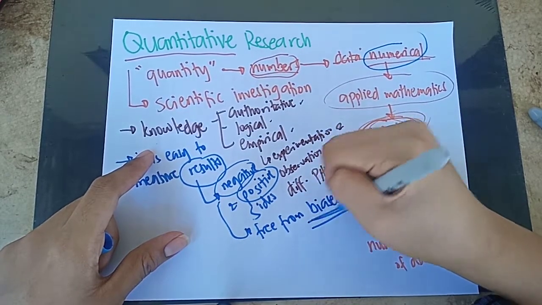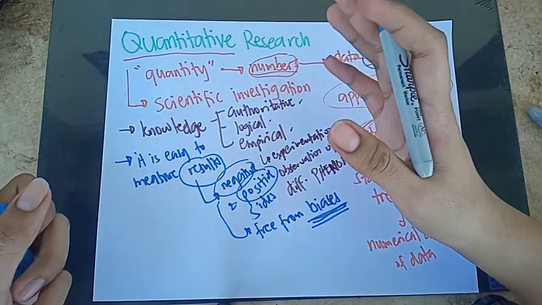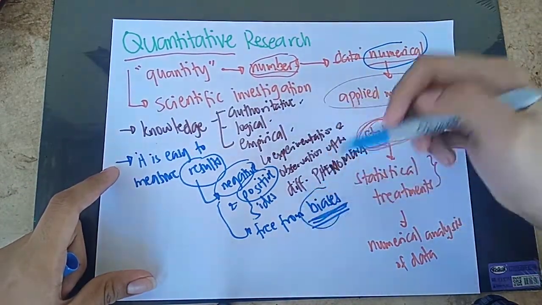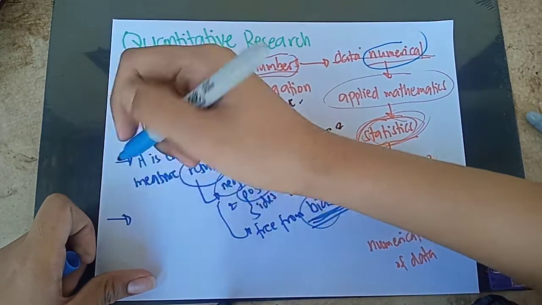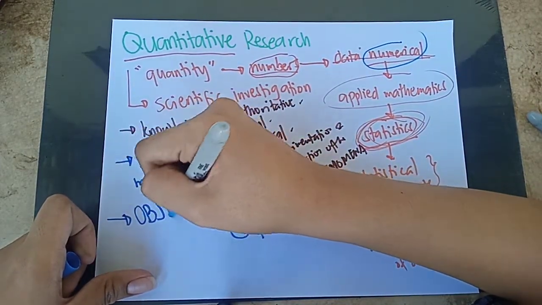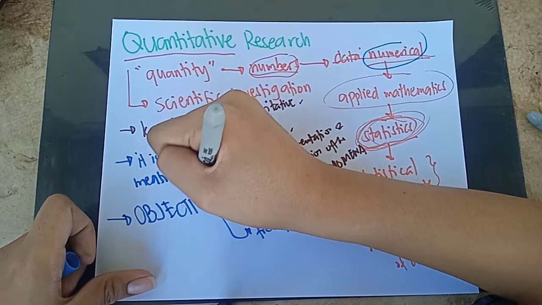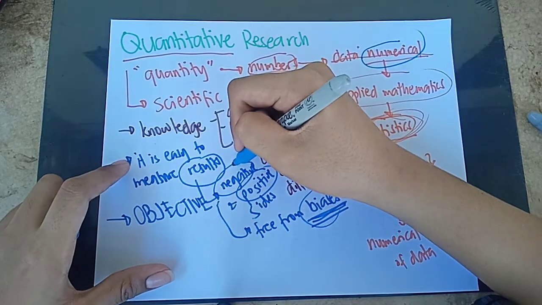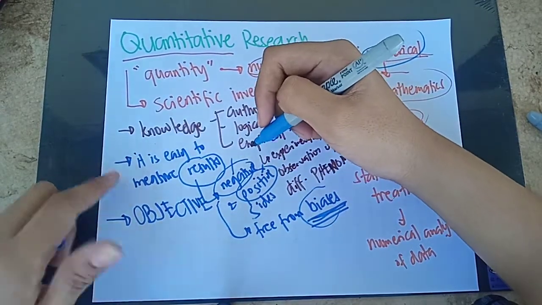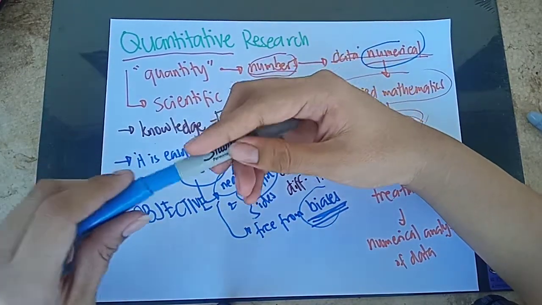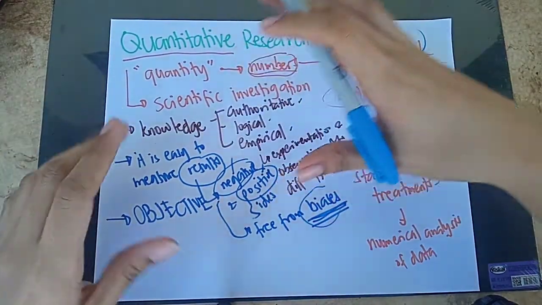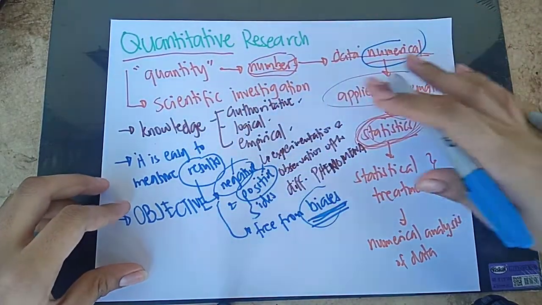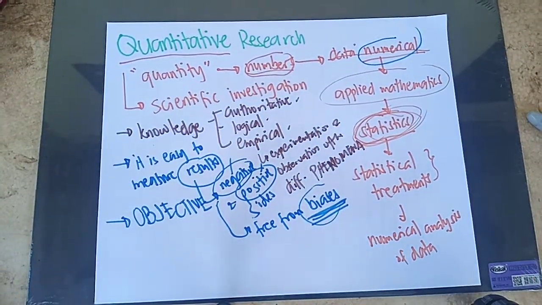And if quantitative research is free from biases, it is objective in nature. When we say objective, it looks at both the negative and positive side. It is two-sided.